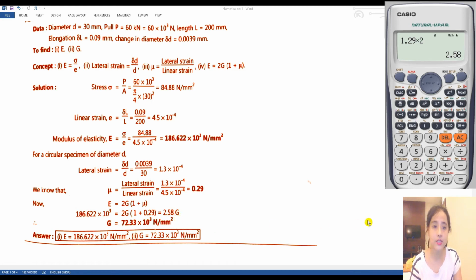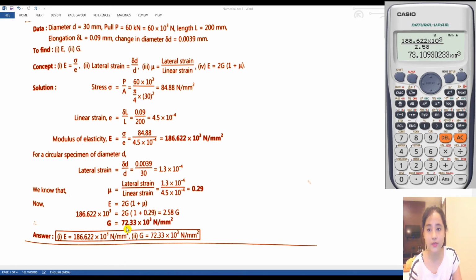Now finding the value of G from here, it will be 188.622 into 10 raised to power 3 divided by 2.58. So here we are getting 73.10 into 10 raised to power 3.